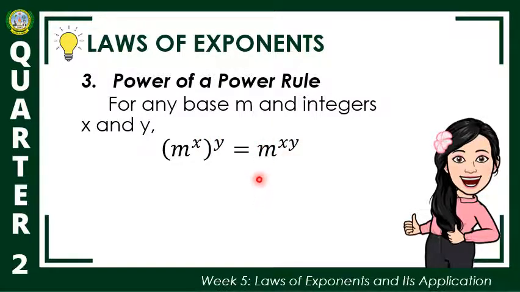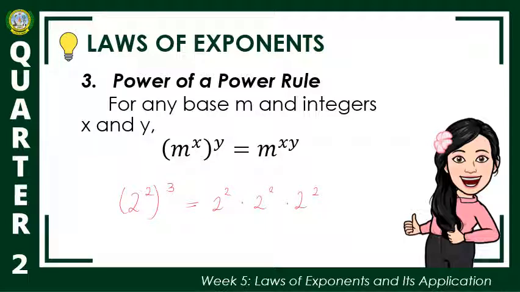So where does this come from? For example, we have here 2 squared raised to 3. When we expand that, that's 2 squared times 2 squared times 2 squared.